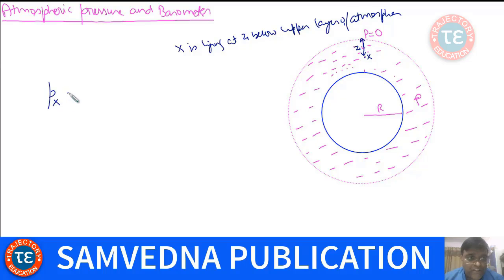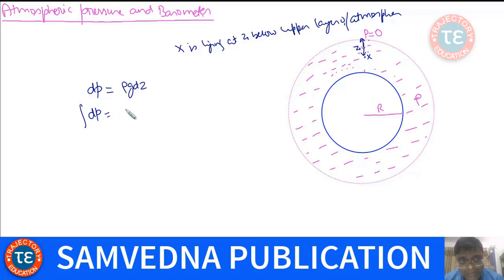Then the pressure at X will be given by this formula: dP, the change in pressure as you go down by a height dz, is rho g dz.